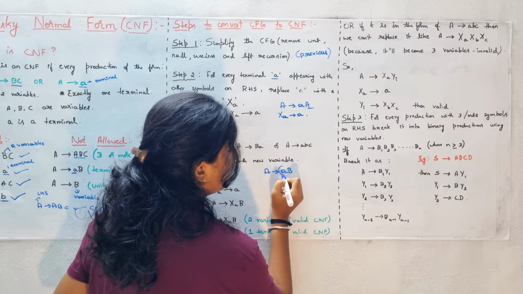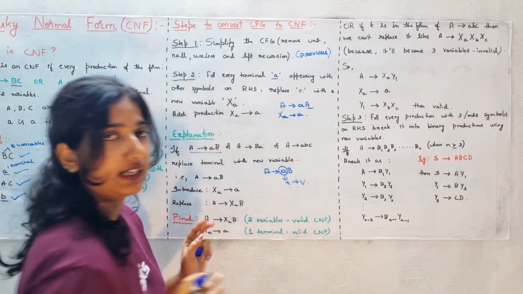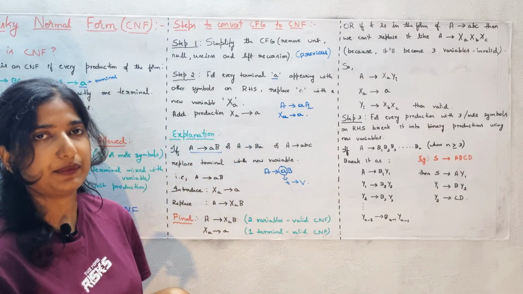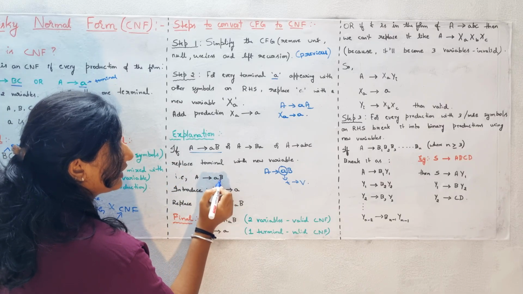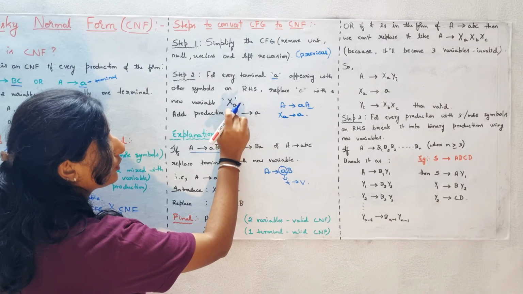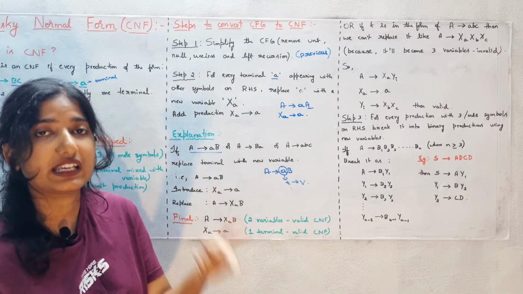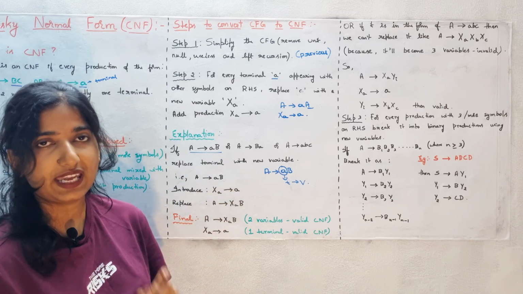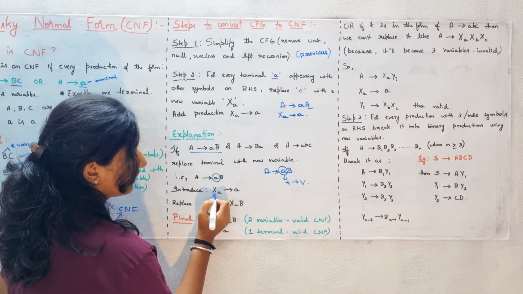But this is allowed if we convert this terminal to a variable. Remember this one, okay? Why? Because we can have two variables. So that is, if we have A derives aB, we have to introduce a new variable Xa, right? So replace a with Xa. So replace, which means Xa derives a. Now replace this a with this Xa.